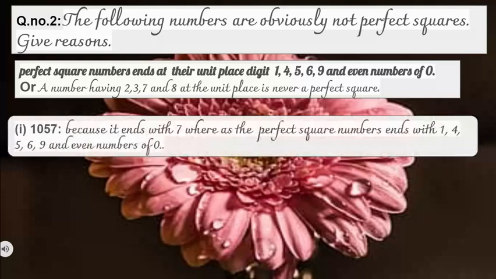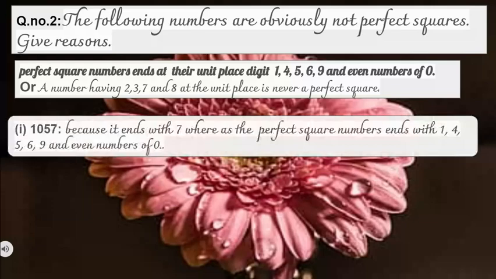The very first thing you try to observe is the digit in which the number ends, that is basically the unit digit. So here if you focus on the unit digit, it is 7. So any number which ends in 0, 1, 4, 5, 6 or 9 can be a perfect square, isn't it? That is our property. But 7 is not one of these, isn't it? 7 is not there.